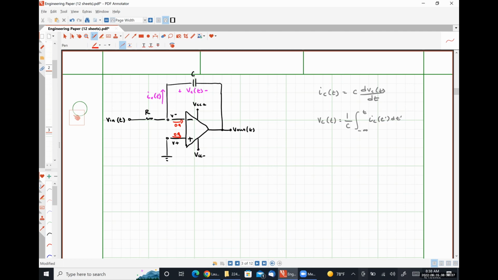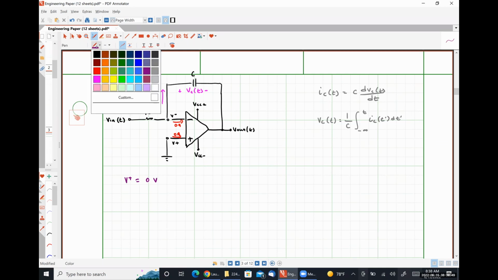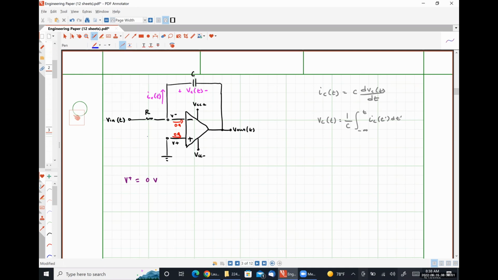And I can see by inspection that my voltage V plus is equal to 0 volts. Applying op-amp rule number 2, I can see that my voltage V minus, which has to be equal to V plus, is also 0 volts.